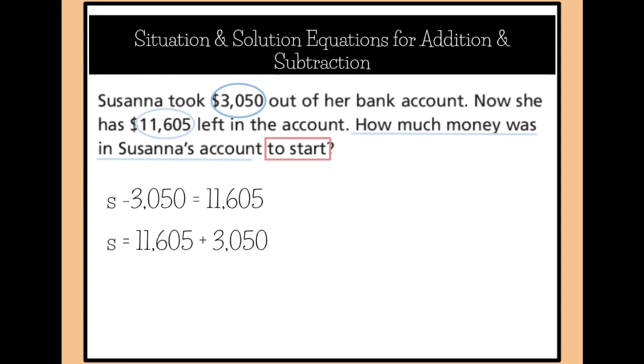In order to get S, I'm going to have to add 11,605 and 3,050. When I go ahead and do that, I get the answer 14,655. So S equals $14,655. This is how much Susanna had to start with in her bank account.